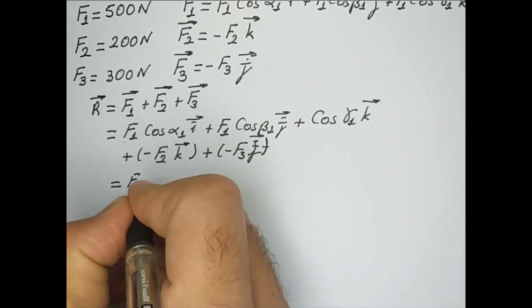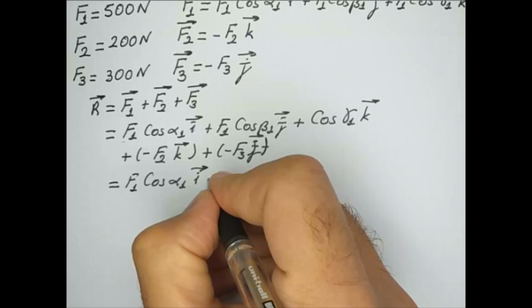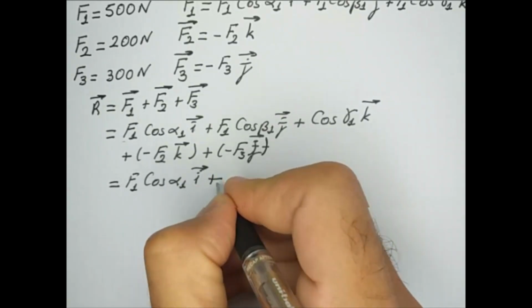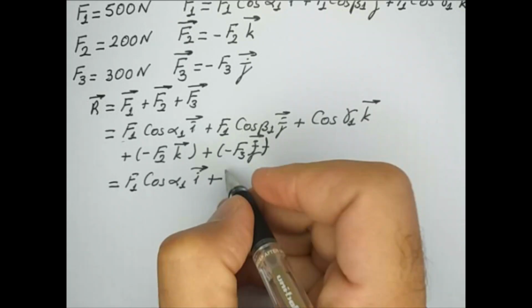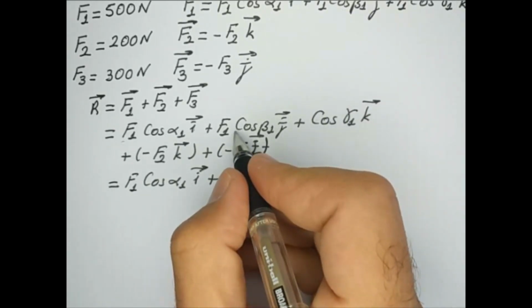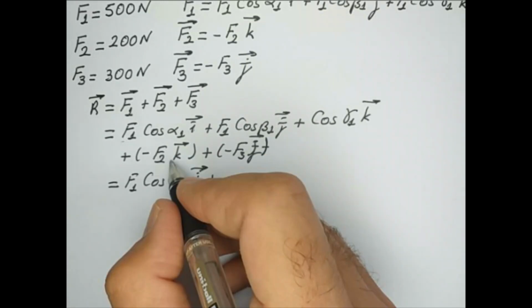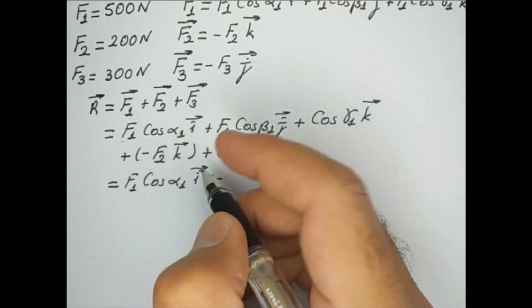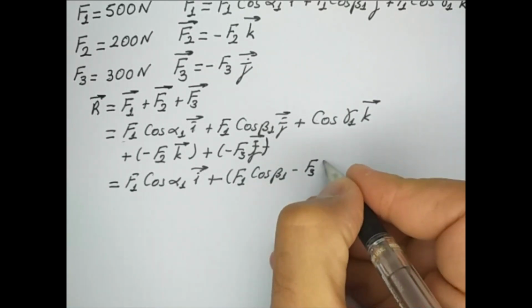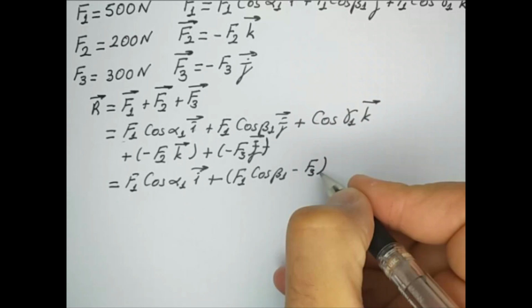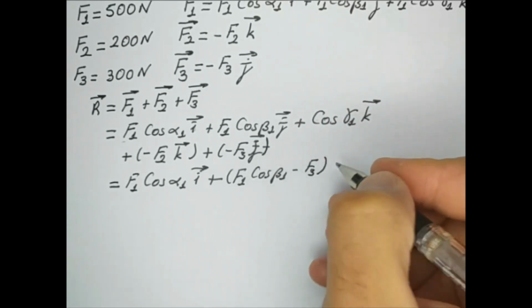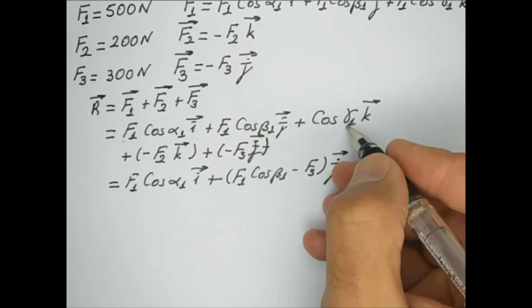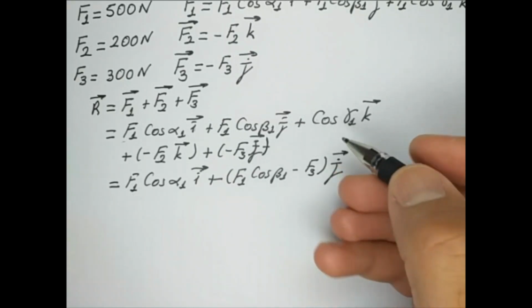I don't have any j component coming from F2. Therefore, this is F1 cosine beta 1 minus F3 j vector. Then the z component of the forces. Sorry, I forgot to write F1 here. That has to be F1 cosine gamma 1 minus F2 k vector.